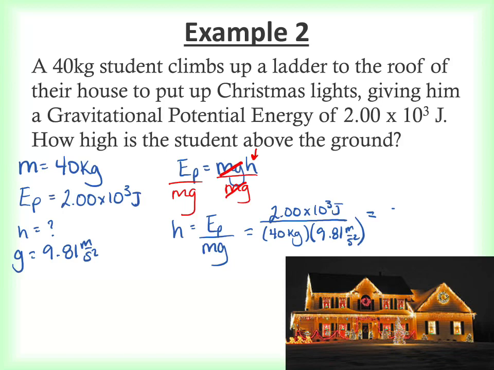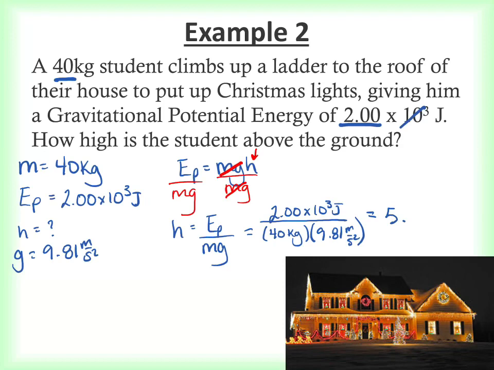Okay, so if we do that, I get 5.09, so I want to just stop here and make sure I know where to round. I have 2 significant digits in the 40 and 3 in the 2.00, because remember we do not look at the times 10 to the 3 for significant digits.